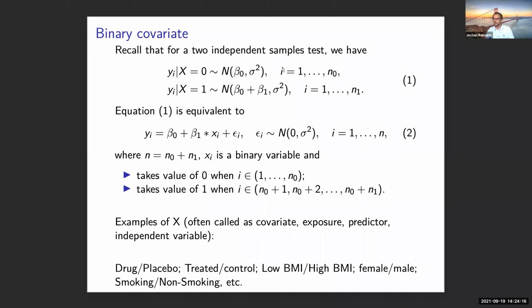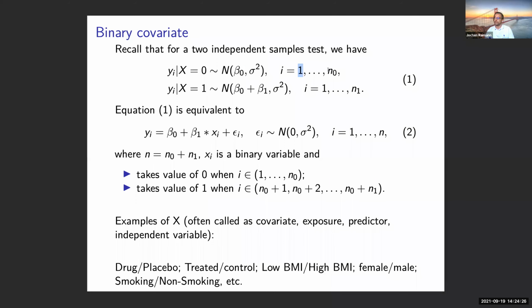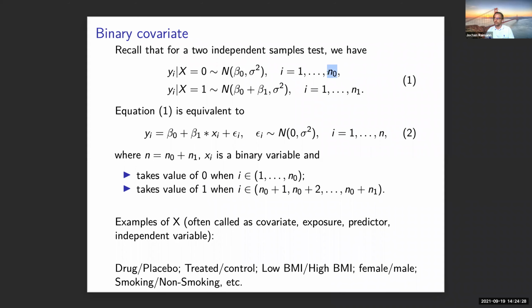So this is basically characterizing the sample population, or the subsample population, from 1 to n0. So of all n's that are included, so of all individuals that are included in that subsample.